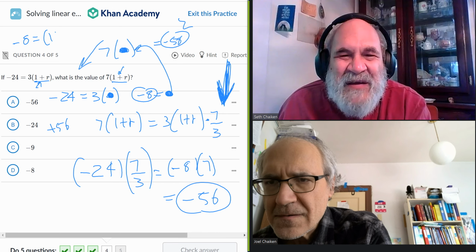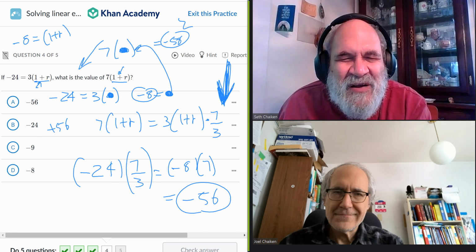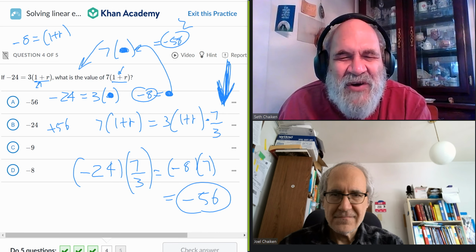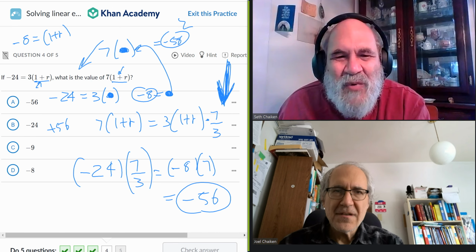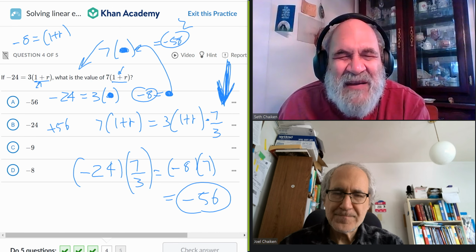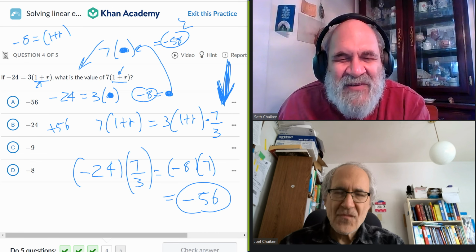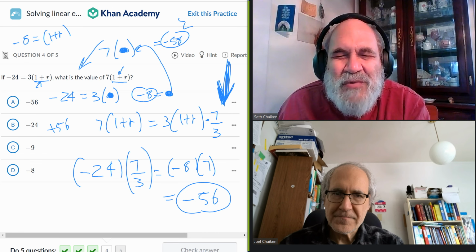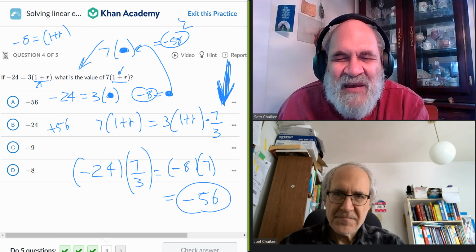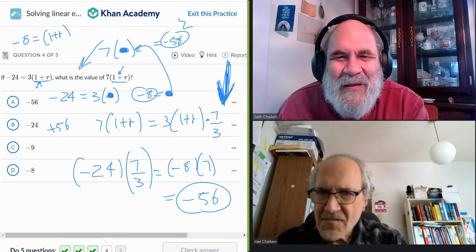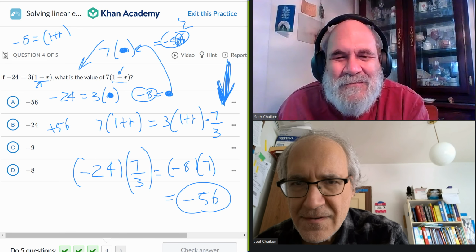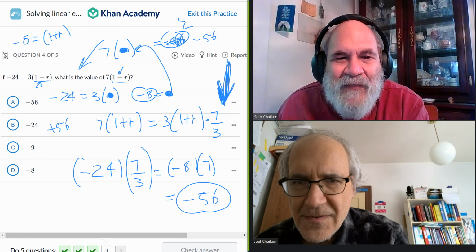And they are interested not in 1 plus r, not in 2 plus r, not in 1 plus r times 2, but 1 plus r times 7. 1 plus r is minus 8. 7 times the blue stone is minus 7 times 8, which is minus 56. 56, not 58.